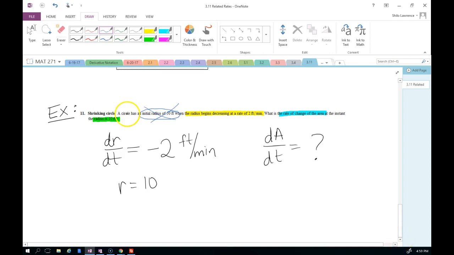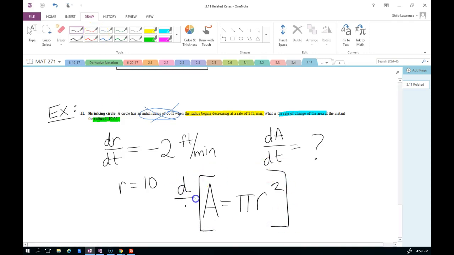So they're talking about the relationship between the radius and the area for a circle. So the formula we're going to need is the area formula for a circle, which is A equals pi r squared. Now to get the related rates formula, we need to differentiate with respect to t, which is an implicit derivative.